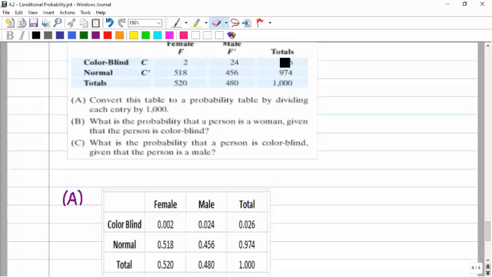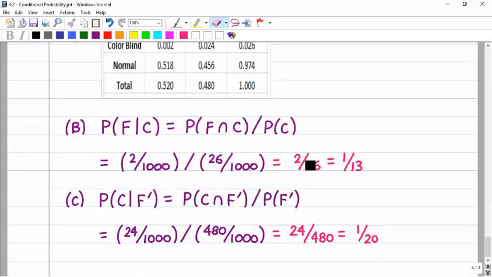In other words, we've reduced our total, and we know it's coming from the colorblind only. Out of those colorblinds, we then look at the male and the female, and there are 2 females. So 2 females divided by 26 total colorblinds.